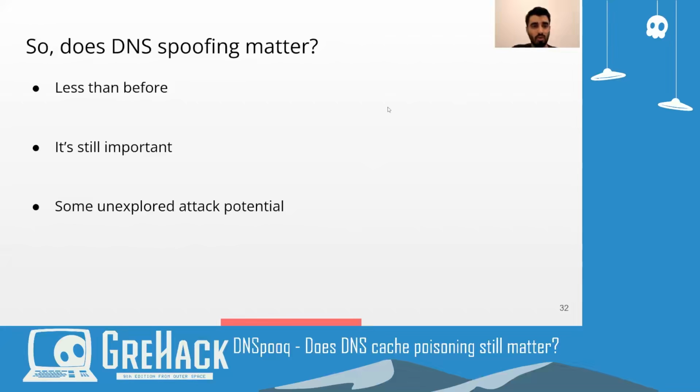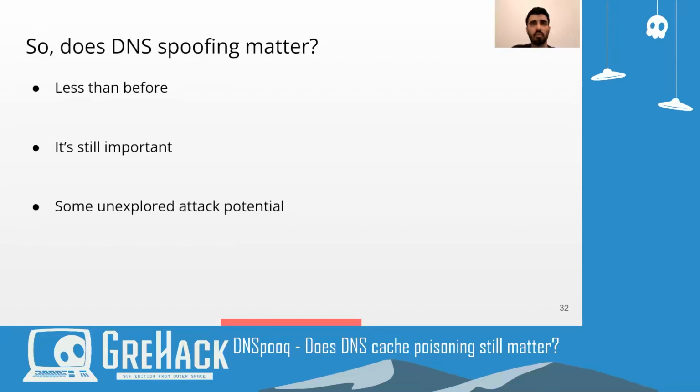So to conclude, does DNS spoofing matter in the modern era? We think that it is still important, but less than before, because the internet progresses and there is more encryption in protocols.